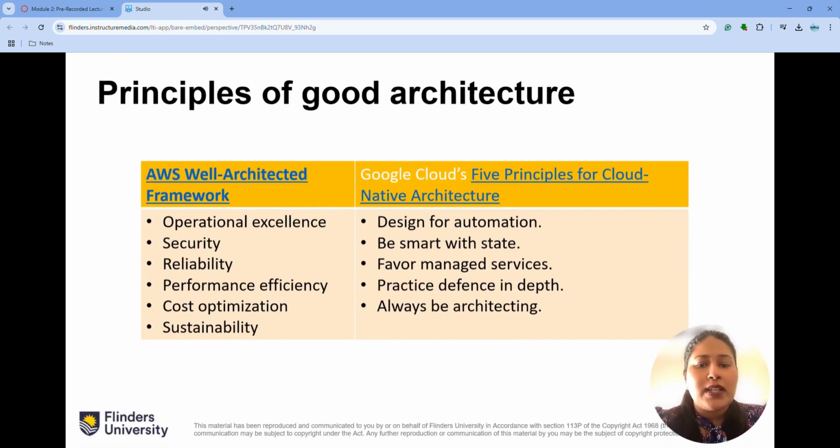The AWS well-architected framework provides best practices for designing reliable, secure, efficient, and cost-effective cloud architectures. It is structured around 6 key pillars. The first one, operational excellence, which looks into the optimization of processes for efficiency.